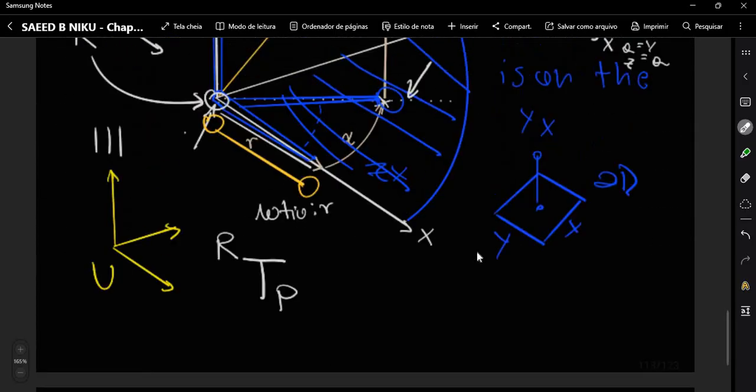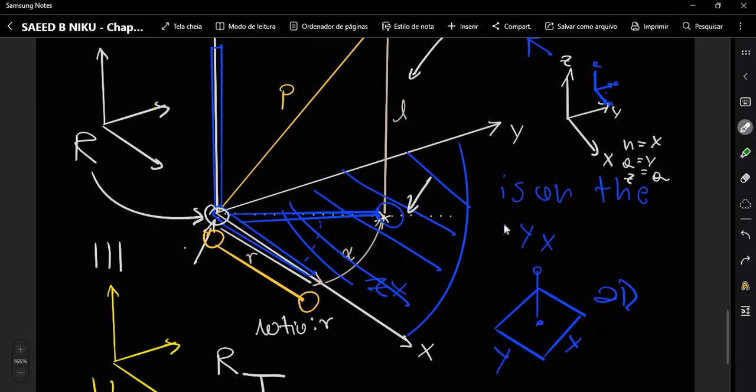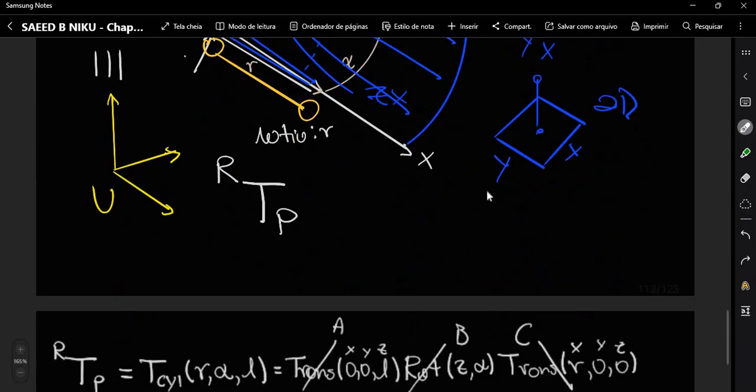So if those first three columns are for orientation, and we know it is at this point, if I'm not wrong, the position refers to the position of this point. Okay, let's continue.